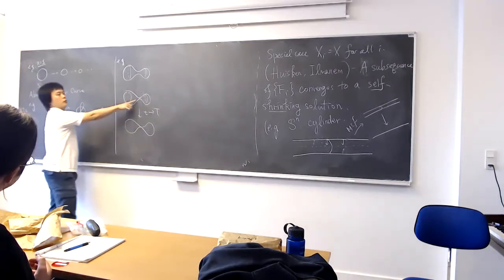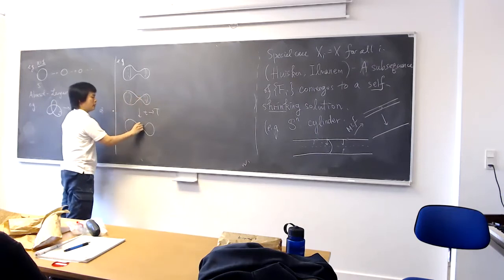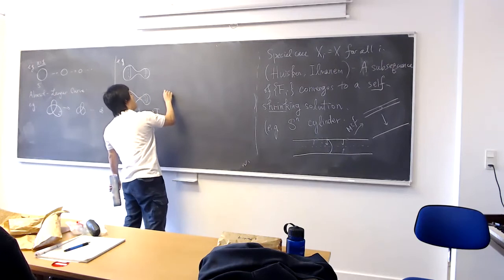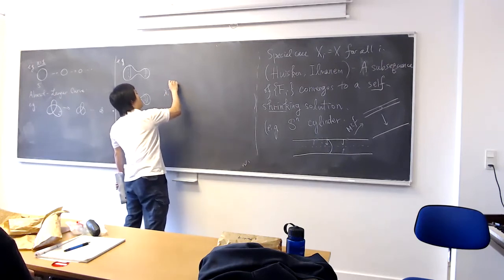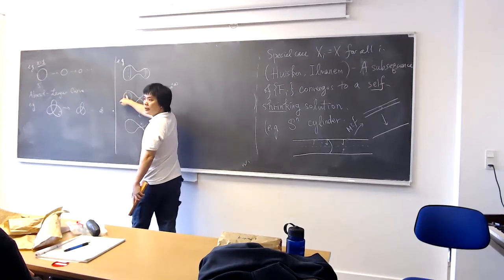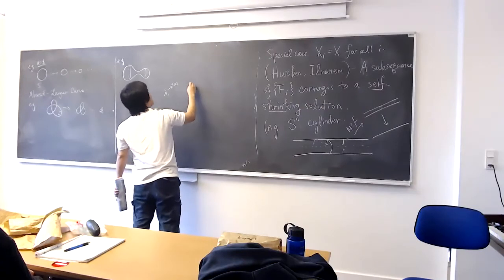So I can do a blow up at this point, exactly at this point, this capital X, and it will become something like this, because I'm taking this lambda_i to positive infinity. So at the end, I don't see these two sides anymore. I can see only what is happening here. So it becomes something like this.